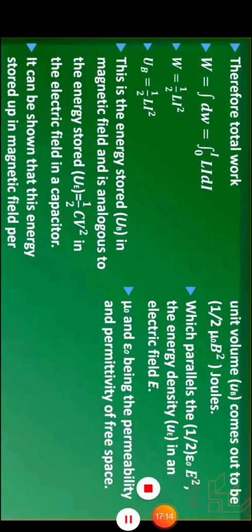This is the energy stored in the magnetic field.